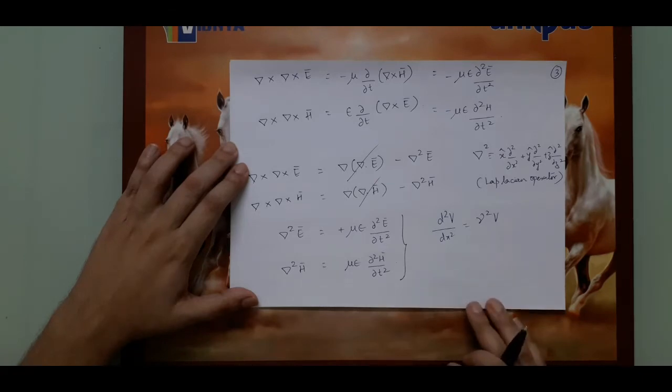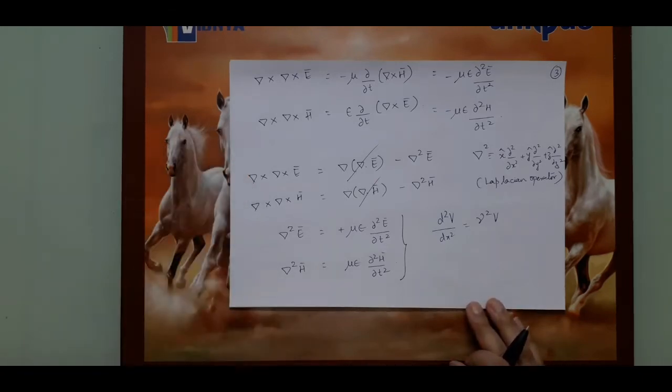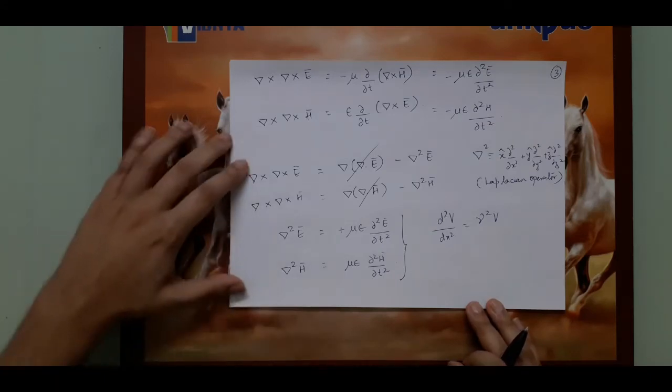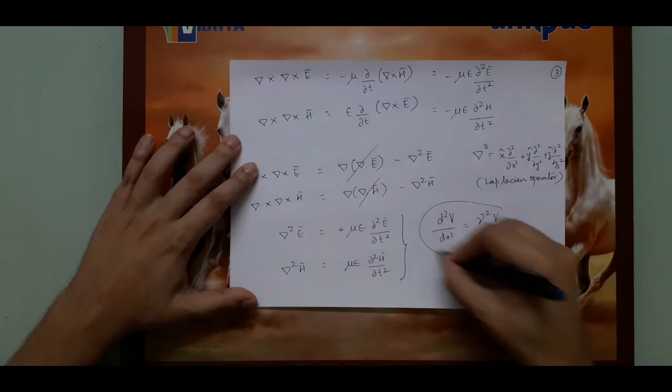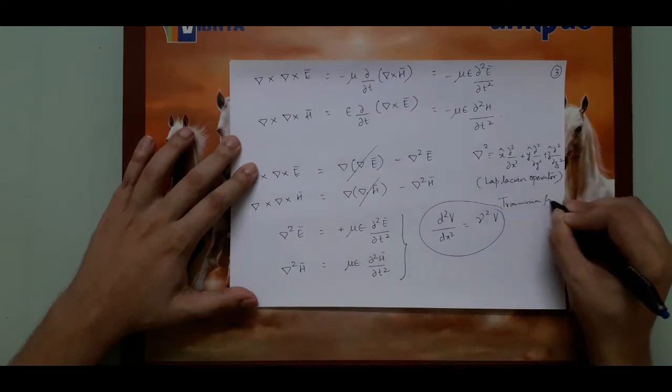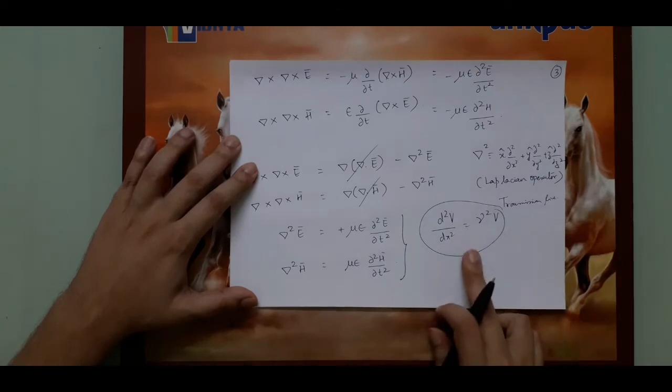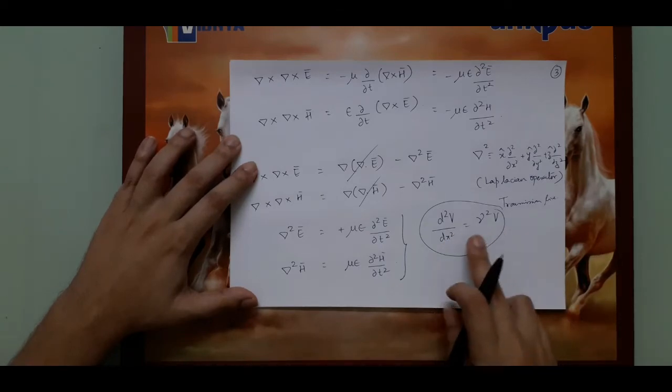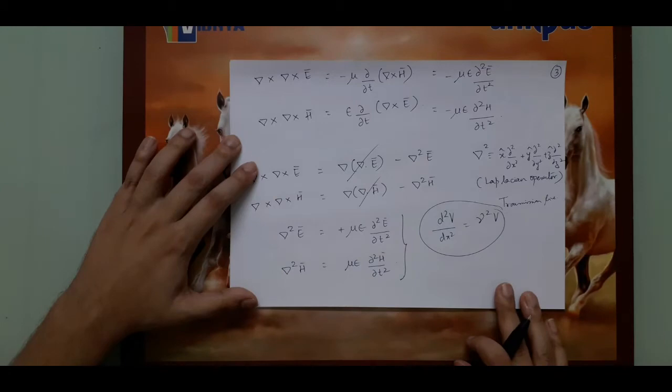Now we know that in case of transmission line, the solution for the voltage and current gave us a wave.